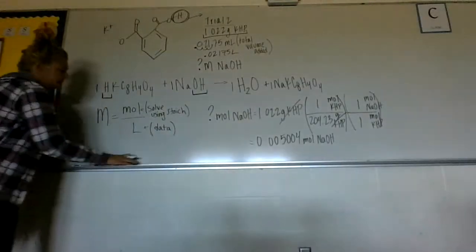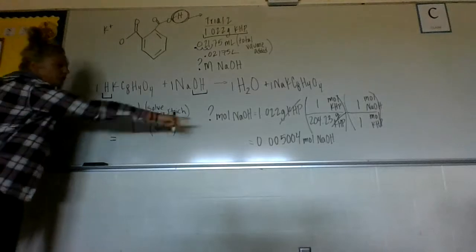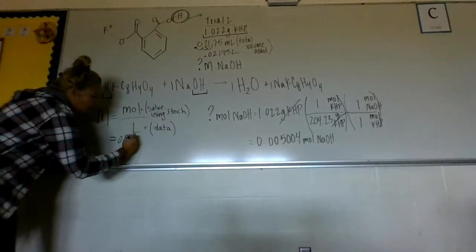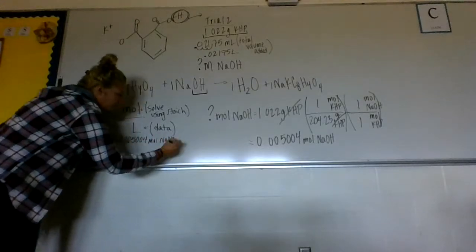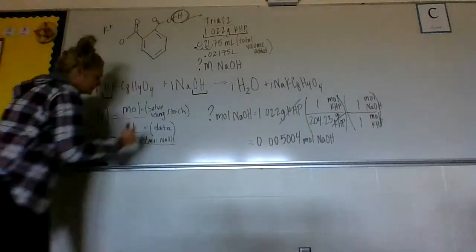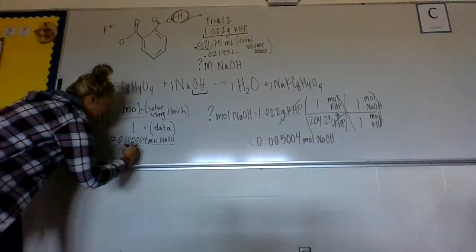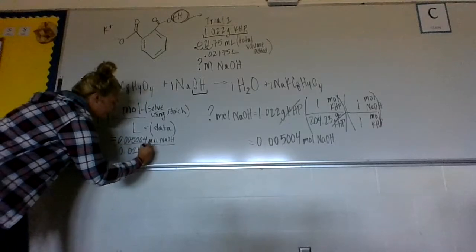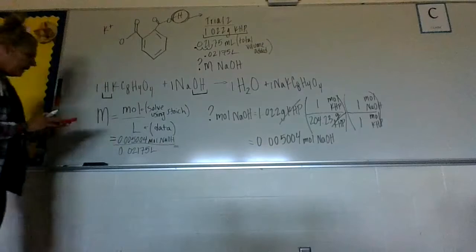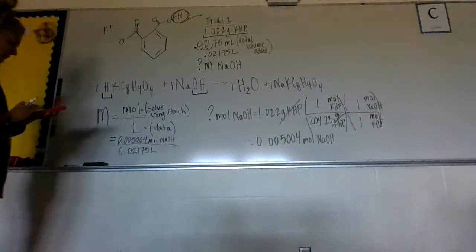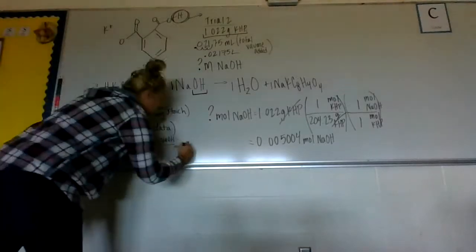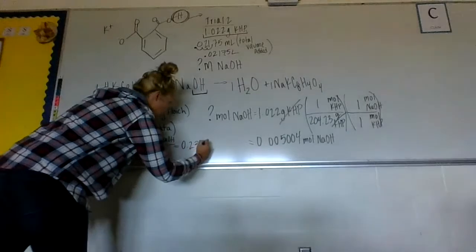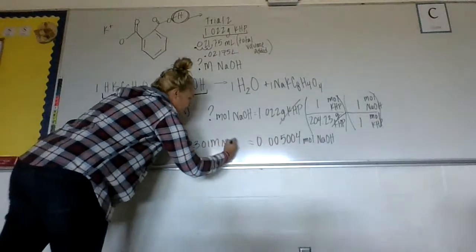So now I can just plug it in over here. Molarity is equal to the moles, 0.005004 moles of sodium hydroxide, divided by my liters, 0.02175 liters. And that gives me, this is beautiful, 0.2301 molar sodium hydroxide.